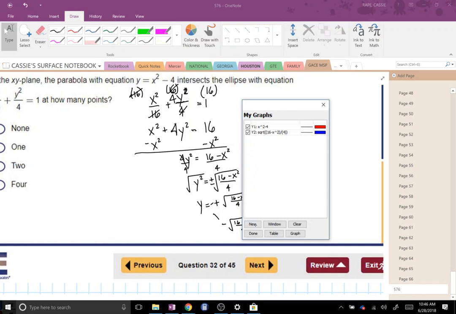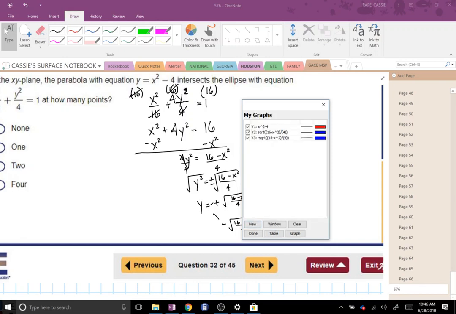Now then, you have to do it separately. I'm going to do it in the same color because it's really the same thing, but to do the negative: negative square root of, open parenthesis, 16 minus x squared, close the numerator, divided by open parenthesis 4, close the denominator, tab once outside.